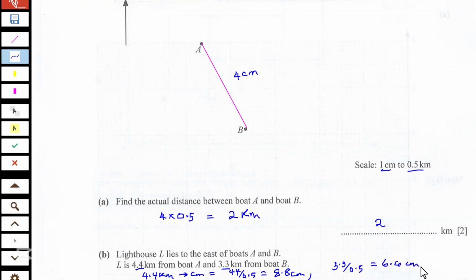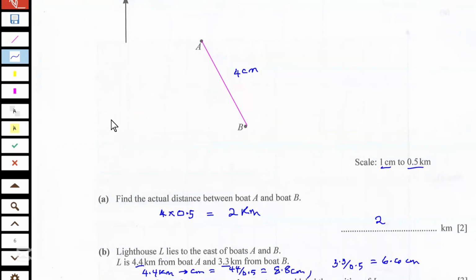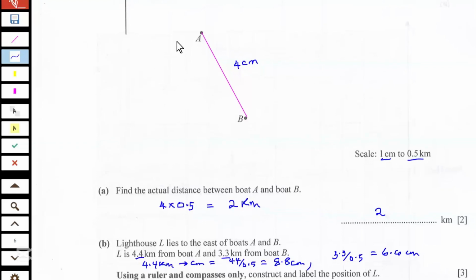Now using a pair of compasses and a ruler, you have to measure 8.8 centimeters with the compass. You place the tip of the compass on A and create an arc somewhere around this direction.